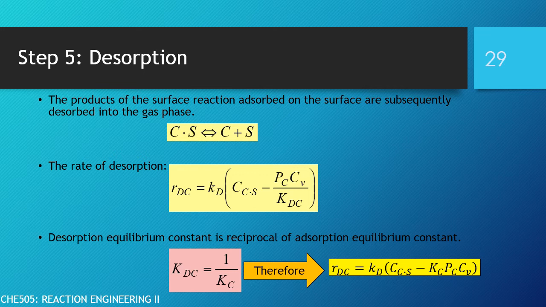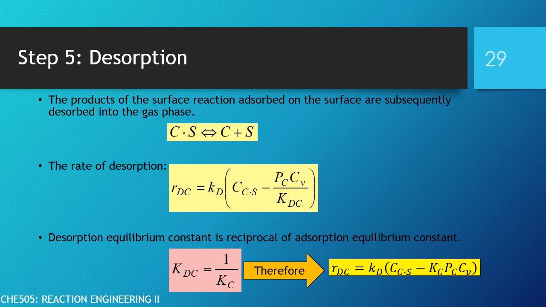The product produced during the surface reaction is attached at the active site, in the form C.S, the product C. Then the desorption reaction occurs via a reversible reaction. Desorption is always reversible, similar to the adsorption step.